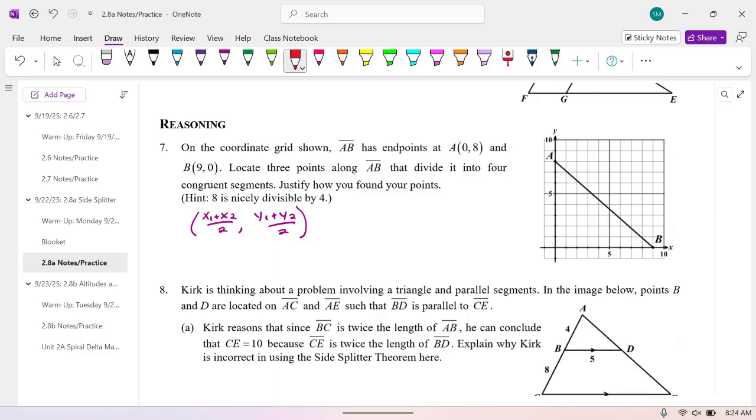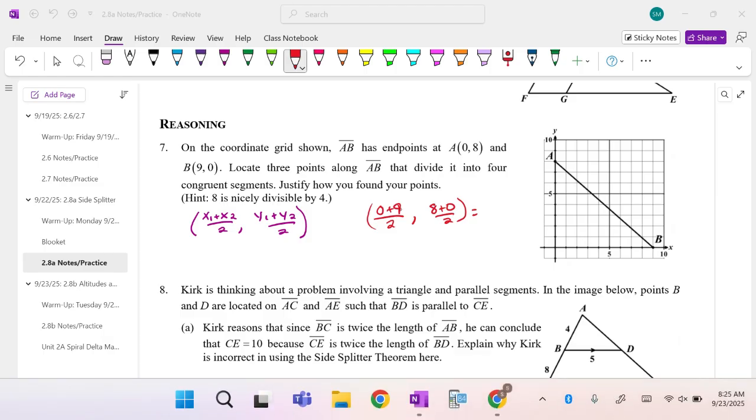If I plug my points in, I have 0 plus 9, which is my x1 and x2, all over 2, and then 8 and 0 over 2. If I simplify, 0 plus 9 is 9 divided by 2.